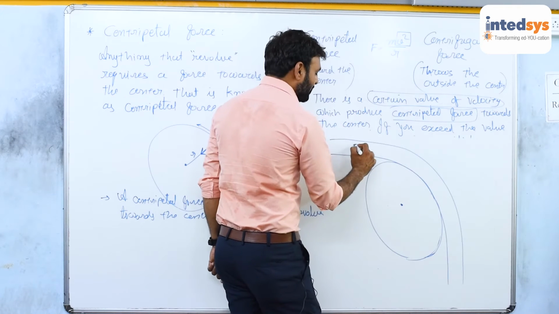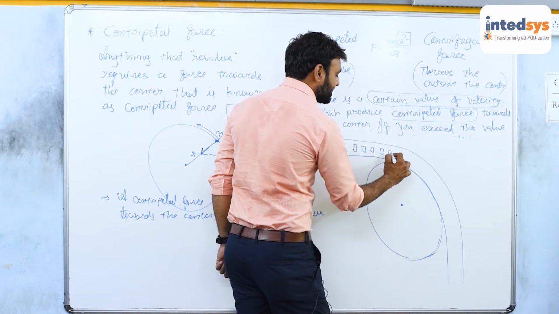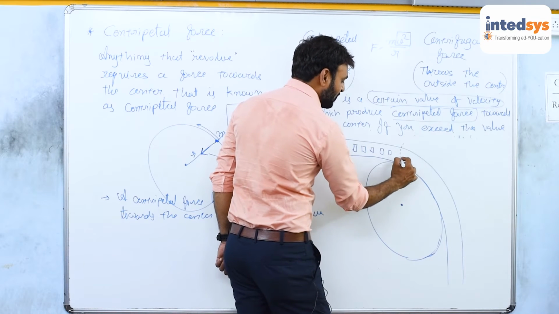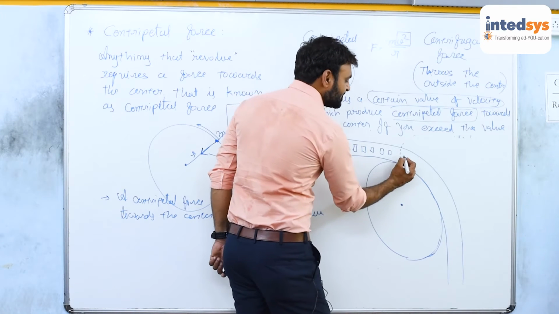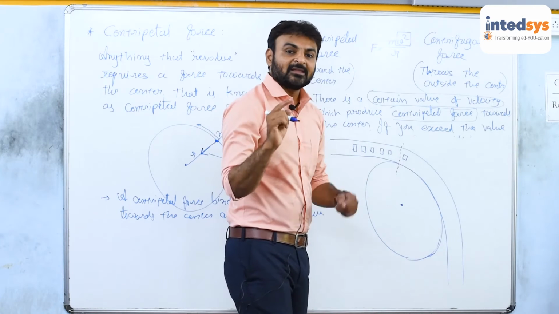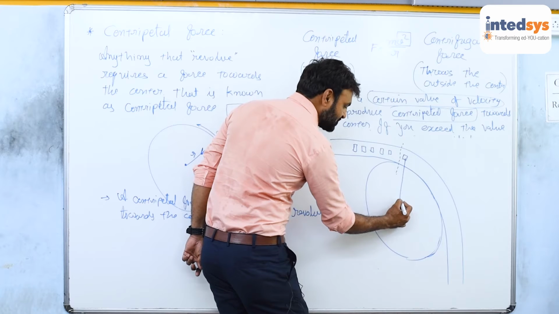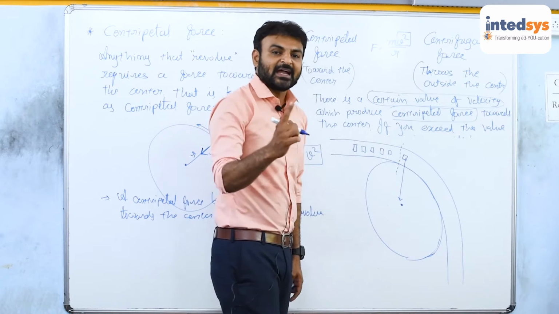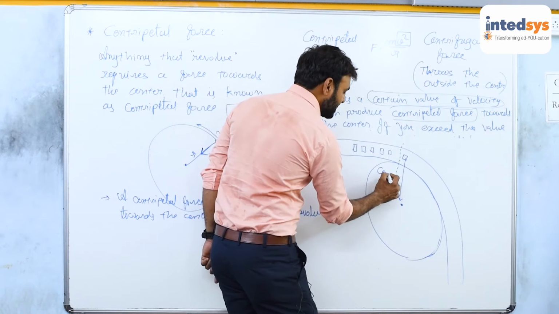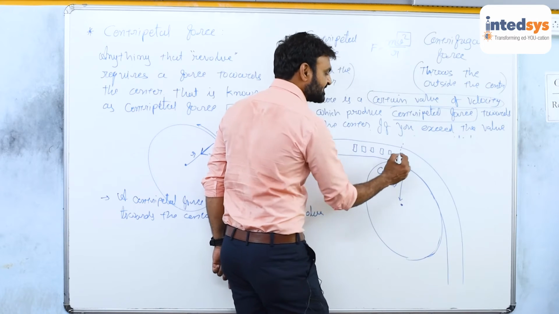Now when your vehicle is just moving on the road, it is a straight line motion. When it enters into this region, your vehicle and the passengers sitting inside are experiencing a force towards the center. That force is centripetal force, which keeps the particle towards the center.